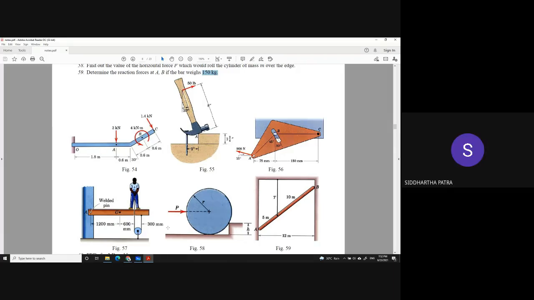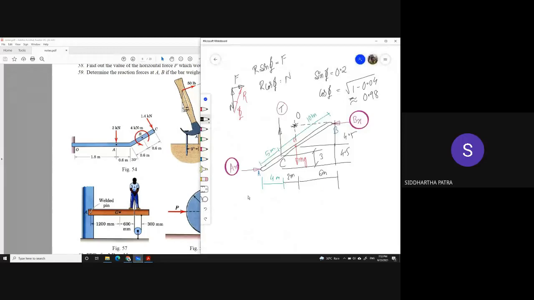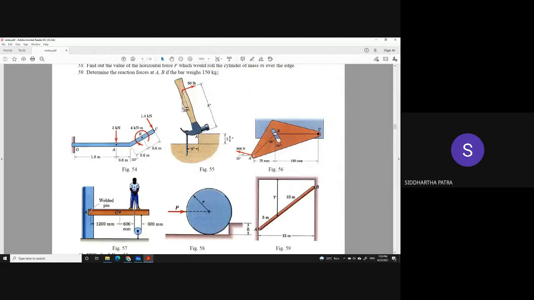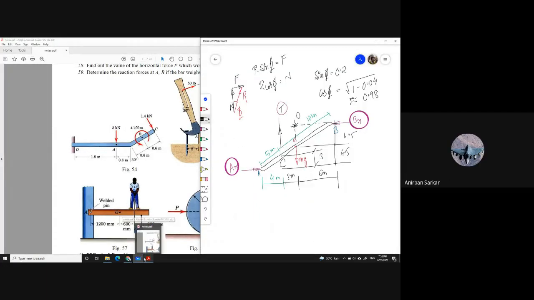Sir, yes sir, it's coming 326.67 Newton. For what? So for AX and BX. What value are you calculating? Can you repeat once? What is the mass of the rod? Yeah, it's 150 kg. So the normal reaction force at A and B is coming 326.6.